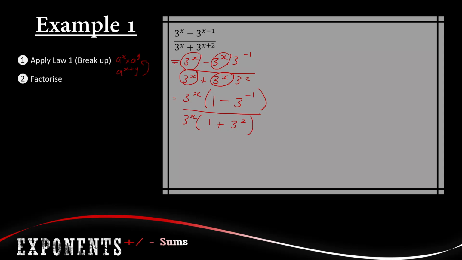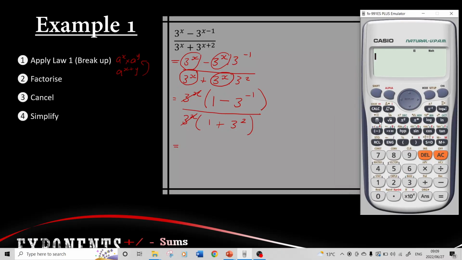After factorizing, the next step will be to cancel. So we can just cancel top and bottom. And finally, the last step is just to simplify. At this point we can just put all of this into the calculator because there are no more variables left. So we have (1 minus 3^(-1)) over (1 plus 3^2).